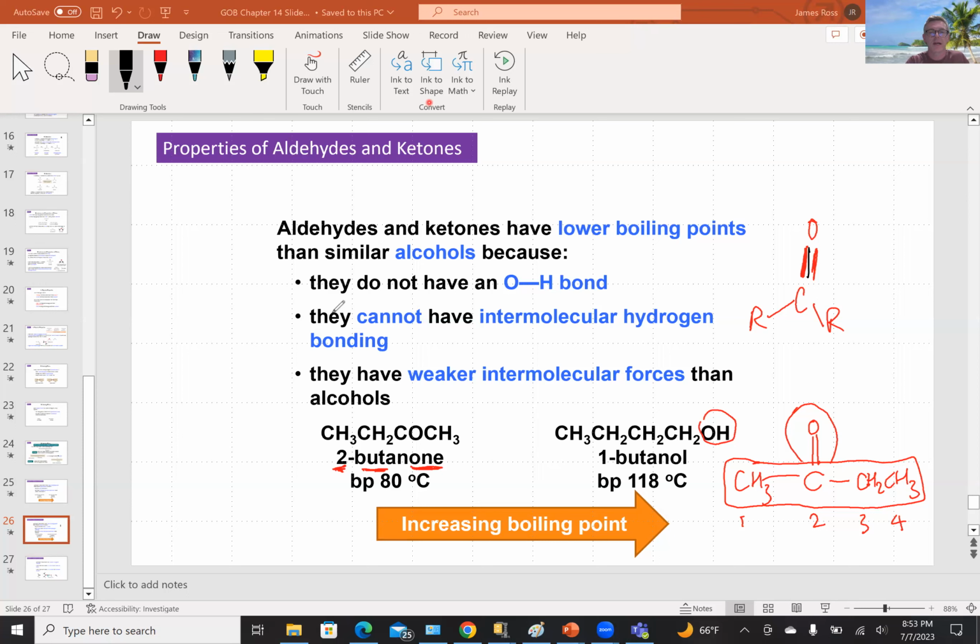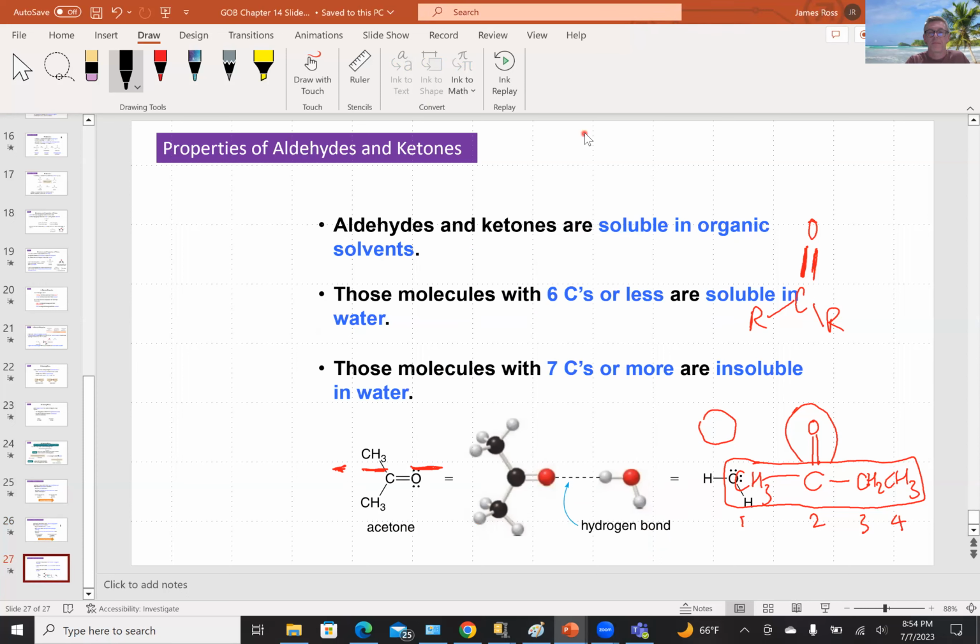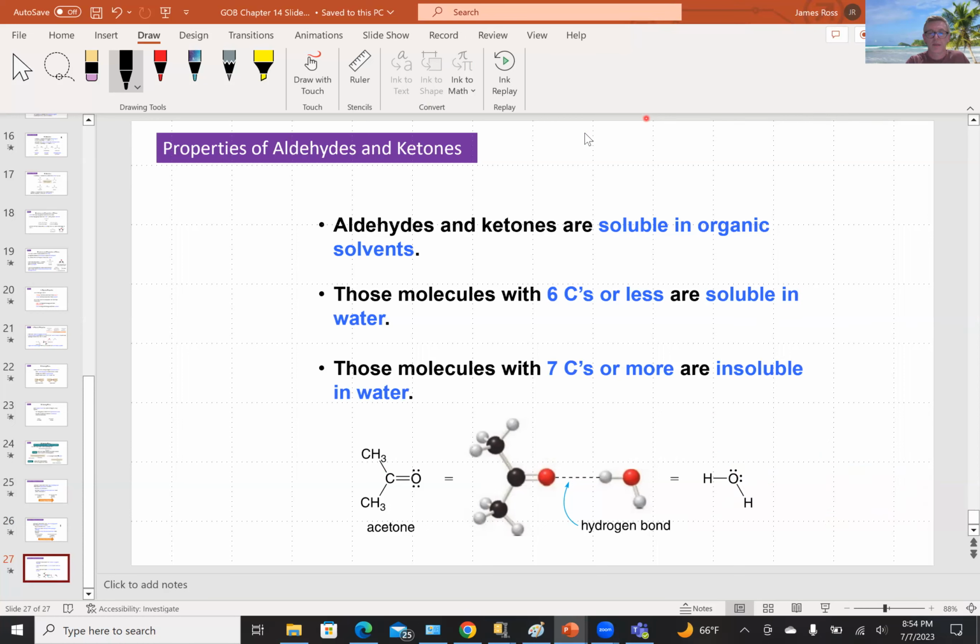Okay, and the last slide is, again, the solubility of these things. We've got the carbonyl. It can form hydrogen bonds with water. That means it has the potential to be water soluble if and only if we don't have too many carbons either side. And this applies for ketones or aldehydes. Similar to what we said about alcohols, how many carbons is too many?